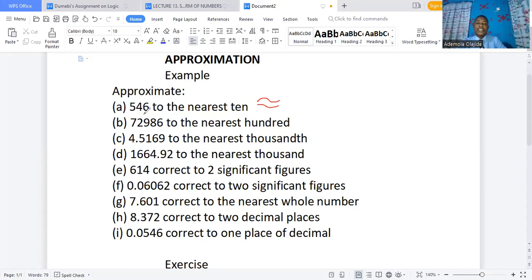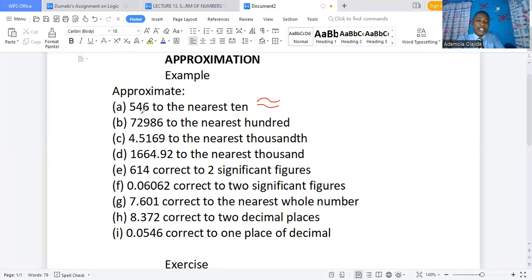At least, thank God we have done place value in one of our previous videos. So if you look at this one, to the nearest 10, you know this 6 occupies the unit position, while this 4 occupies the 10th position, while this 5 occupies the 100th position. So the 10th position is this 4 now.